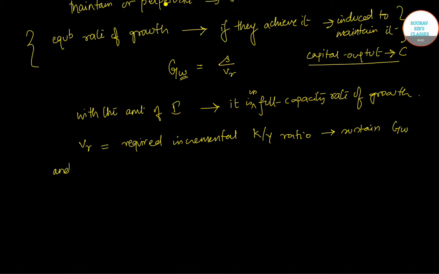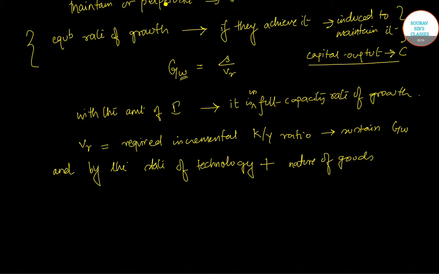And how can you determine it? This is determined by the state of technology and the nature of goods constituting the increment in output. And s is simple, this is the average propensity to save.